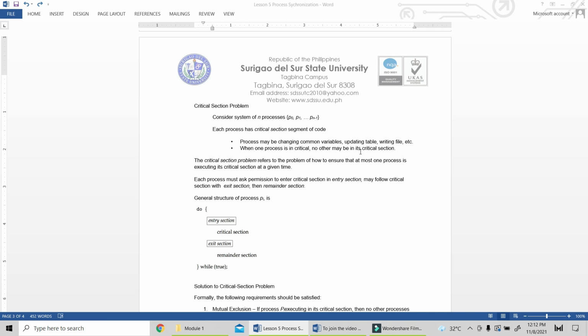So that means that whenever a process is using the shared memory or making any manipulation in the shared memory, then the code that is responsible for doing that particular operation is known as the critical section.